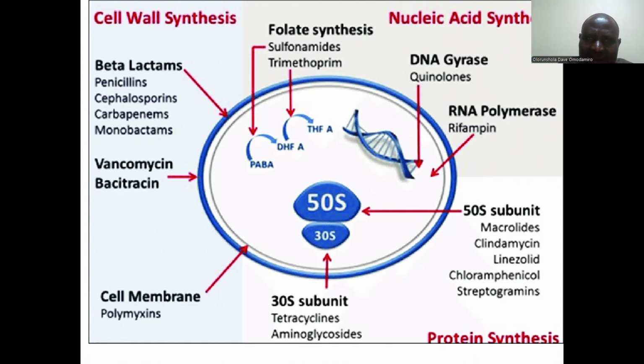We saw how the sulfonamide alone inhibits the folic acid synthesis, while trimethoprim, at the later part of the pathway, inhibits the dihydrofolic acid reductase, and thereby there is no production of tetrahydrofolic acid, which ultimately leads to purine or pyrimidine.